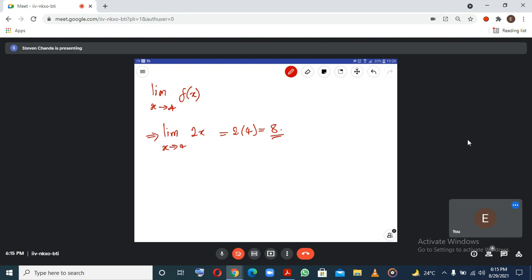Now let's look at another example. I think it has stopped sharing, so let me stop the sharing and then I will continue.